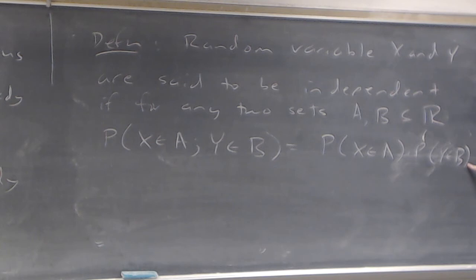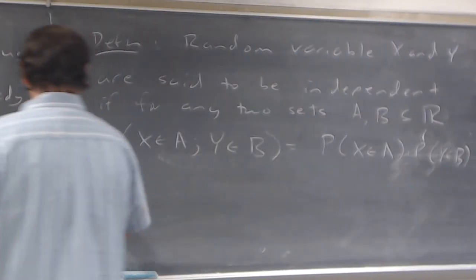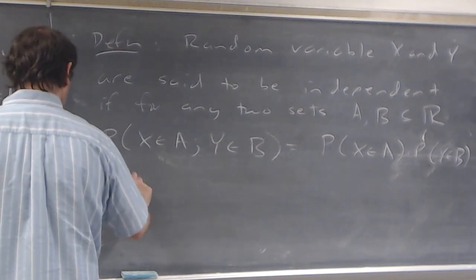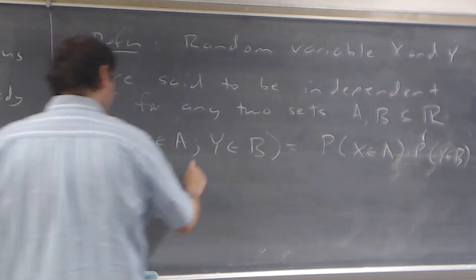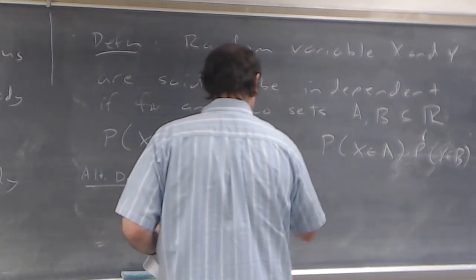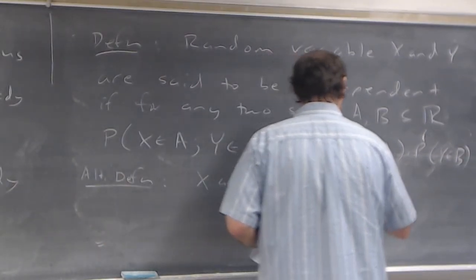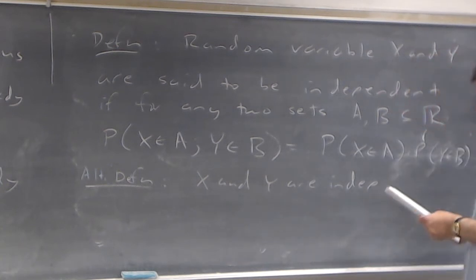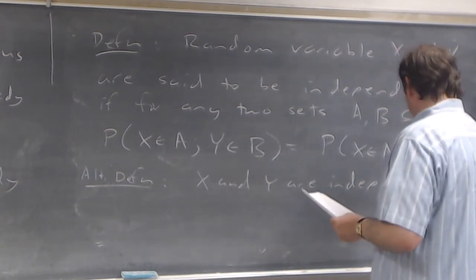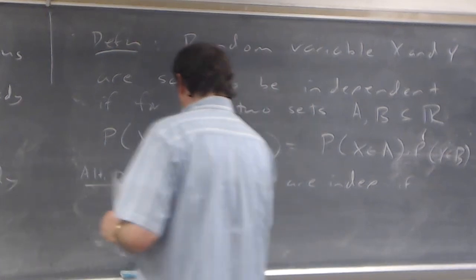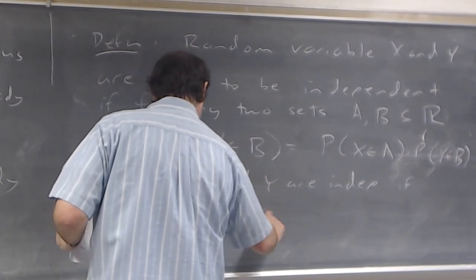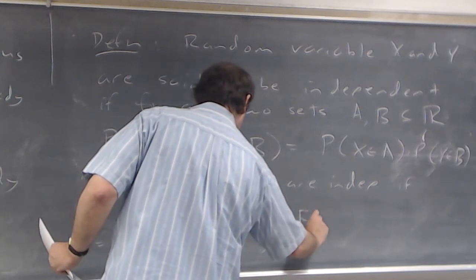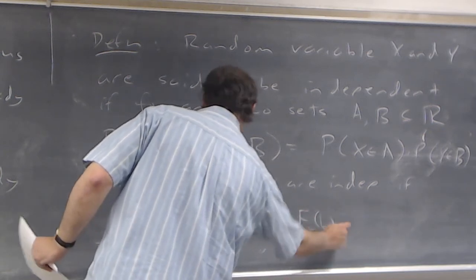Okay, and then an alternative definition. I'm not going to show these definitions are equivalent, but x and y are independent if F of a comma b is equal to F sub x of a times F sub y of b.